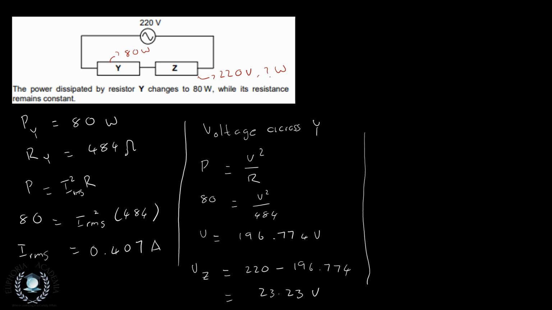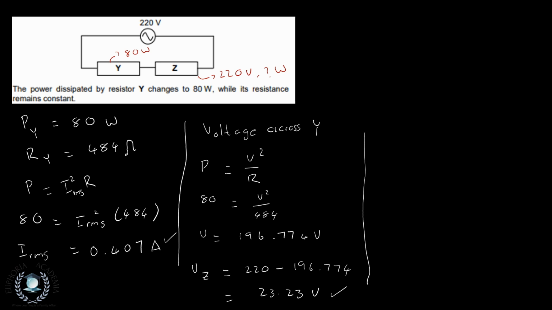Now, after obtaining such, we're doing all of this just to find the resistance of Z. It means that we essentially need to find the actual resistance through Z, and that's why we had to find this V as well as this I RMS.